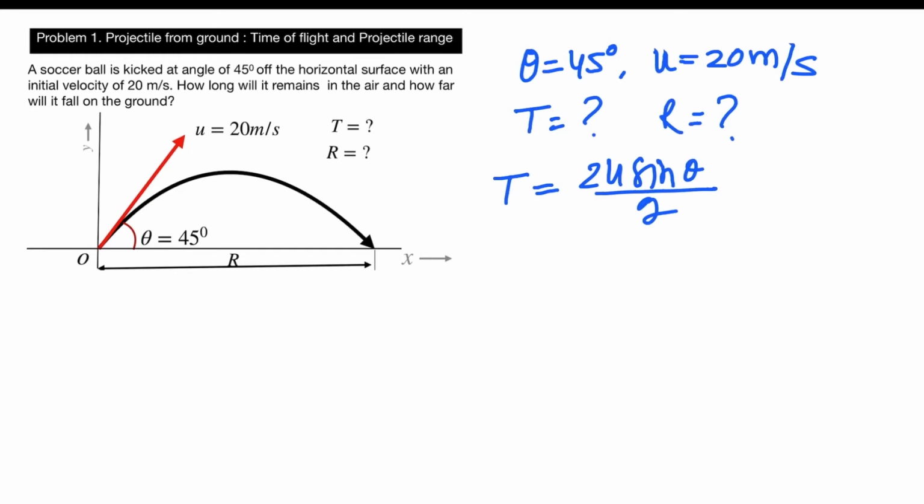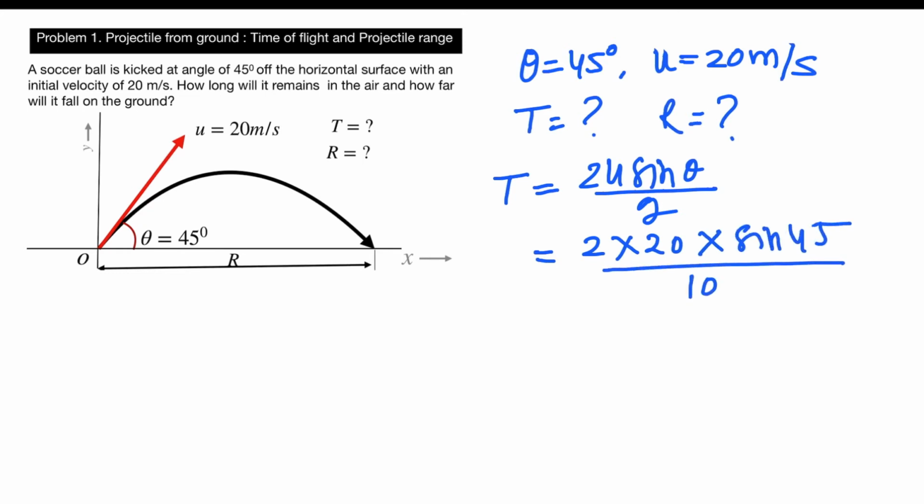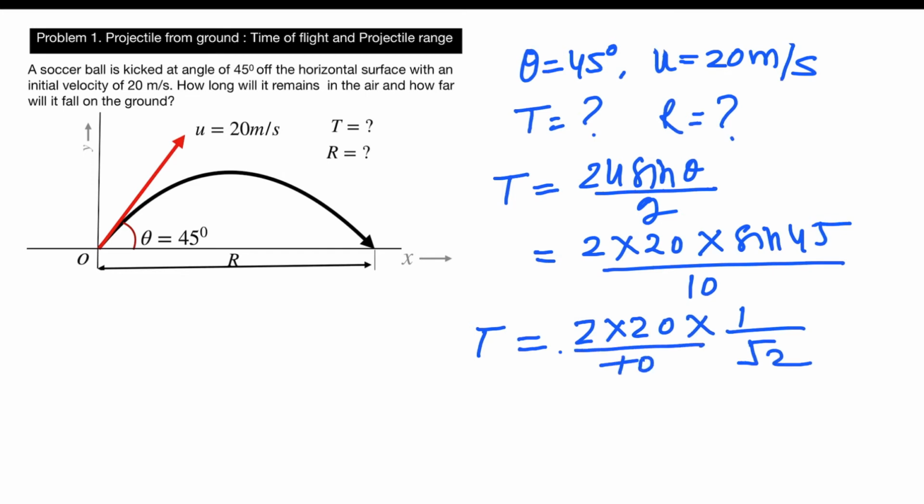Here theta is an angle of 45 degrees, so we can write 2 into u which is 20, sine 45, divided by g value which we take as 10 meter per second square. This gives T equal to 2 into 20 multiplied by 1 by root 2, over 10, so you can cancel out, and this becomes 2 root 2 seconds. So the ball will remain 2 root 2 seconds in the air.